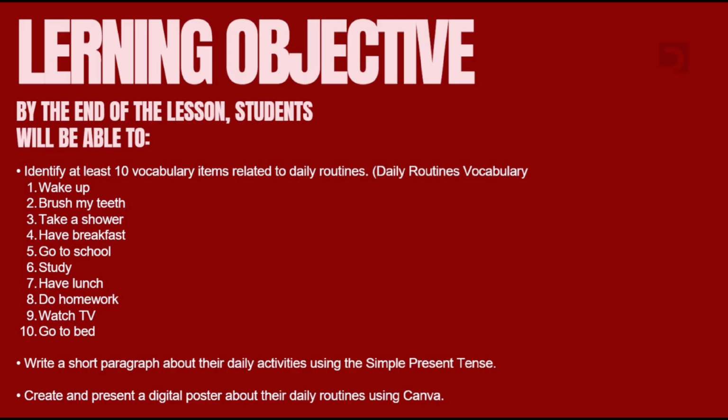Third, students should be able to create a digital poster using Canva and present it orally in front of the class. This objective covers not only language knowledge but also communication skill, creativity, and digital competence. Therefore, students are expected to learn English while also improving their ability to use technology productively.